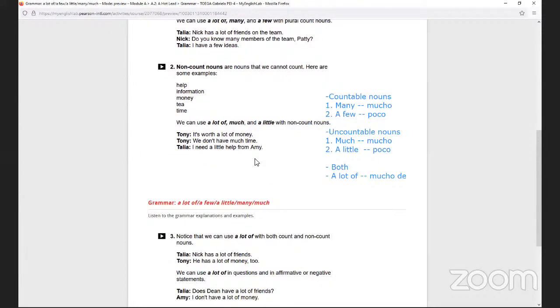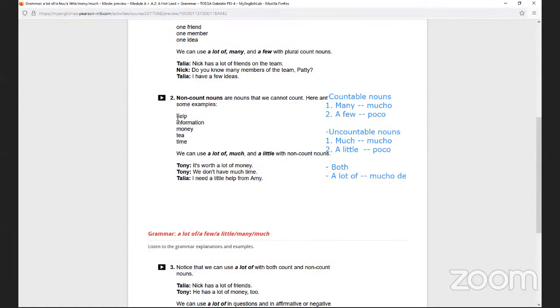What happens when we talk about non-count nouns? In this case, we're going to talk about non-physical nouns, okay? Things that we can't touch, like help, information, money. For example, when we talk about the specific word money, I can't say I have 2 monies, no, okay?